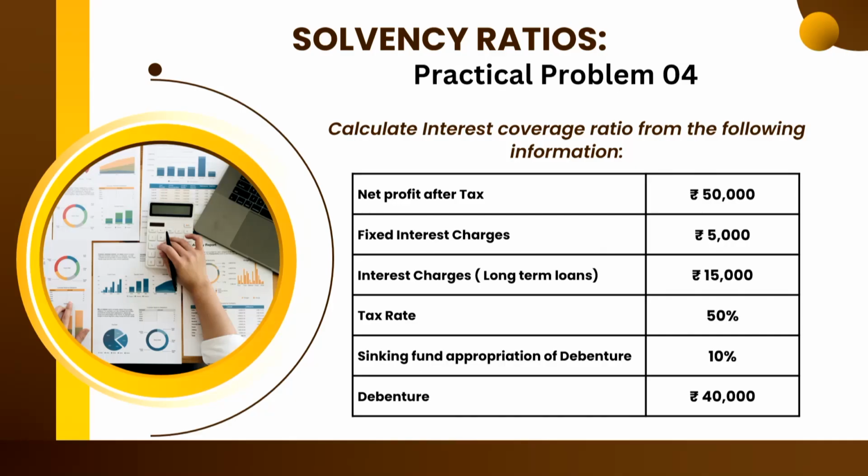Moving to question number 4, which is again to calculate the interest coverage ratio from the following information. We are provided with the net profit after tax, fixed interest charges on long-term loans, then the tax rate, sinking fund appropriation, and the debentures amounting to rupees 40,000.